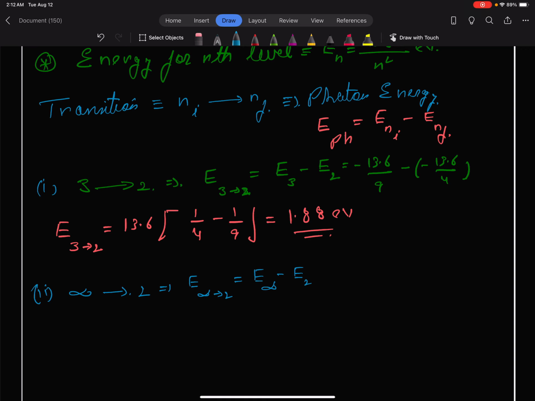E infinity will be 0 minus, and E of 2 will be equal to minus 13.6 divided by 4. This will be coming as 3.4 electron volt.